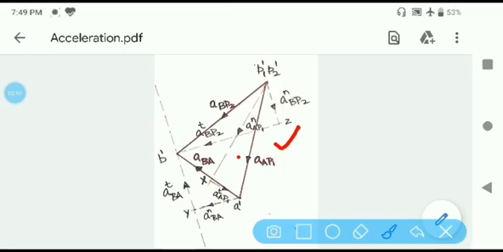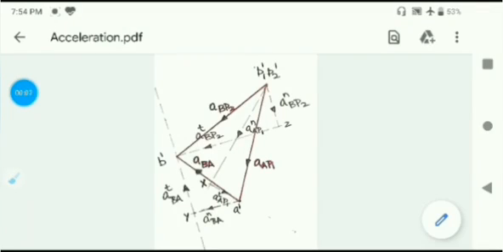And this line, that is A prime B prime, indicates acceleration of B relative to A, and line P1 prime P2 prime B prime indicates acceleration of B relative to P2. So all these notations have to be copied. Okay, so this is the acceleration diagram for the 4-bar mechanism.